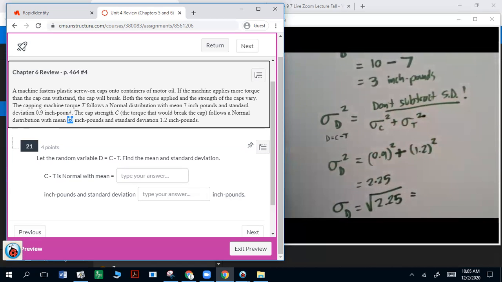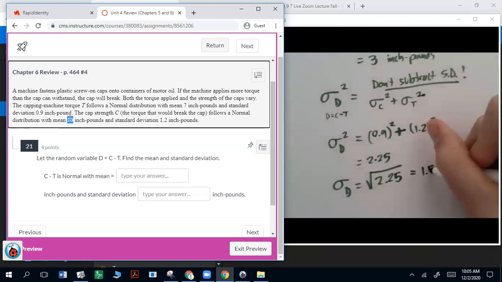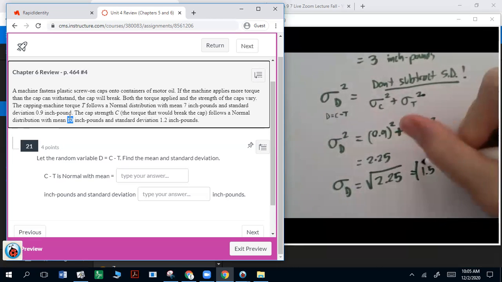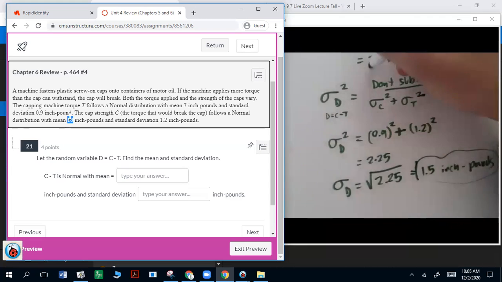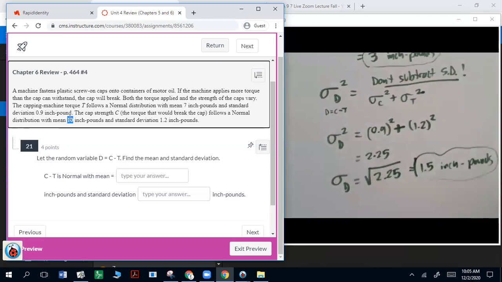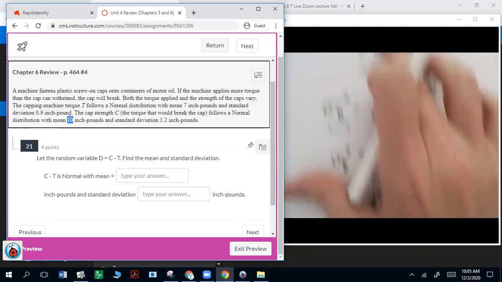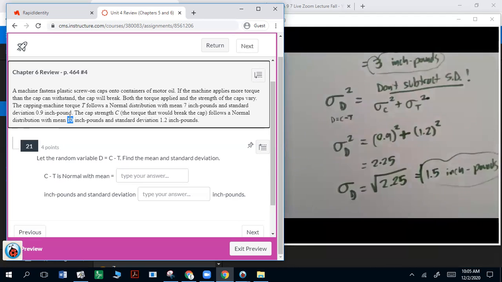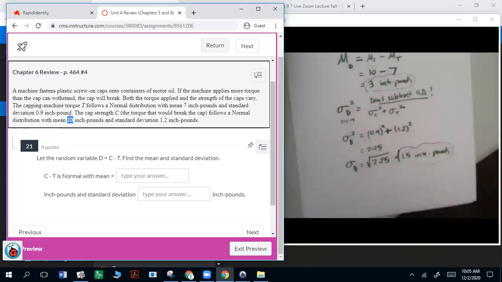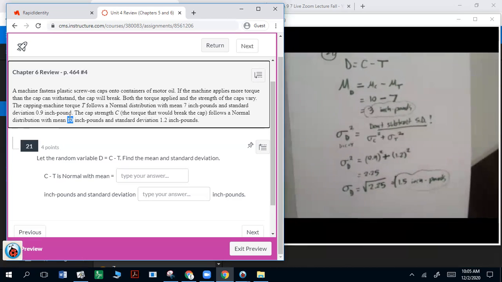Check that out in your calculator. It should be 1.5 inch-pounds. So never subtract standard deviations. Always combine, even if it's minus in the combination of the random variables. So I'll leave that open there. And that's it.